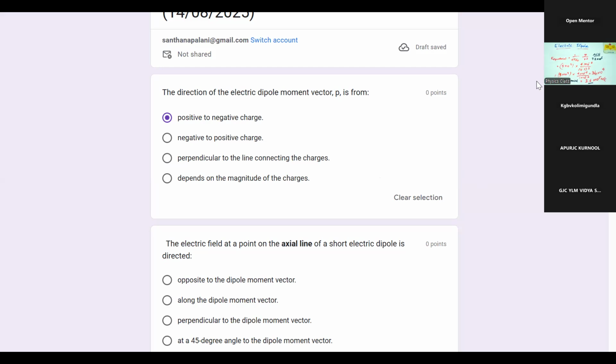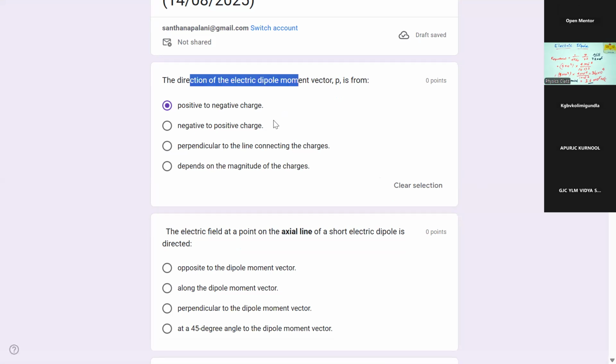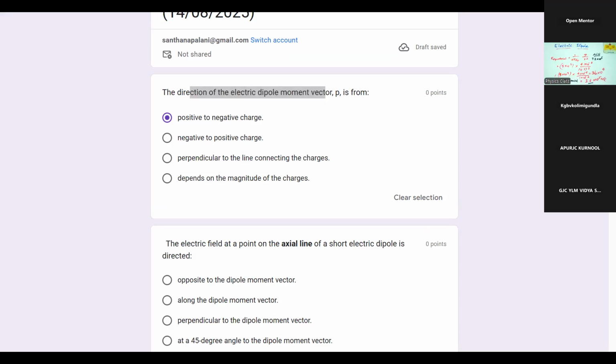The direction of the electric dipole moment vector is always from negative to positive charge. Okay, good.